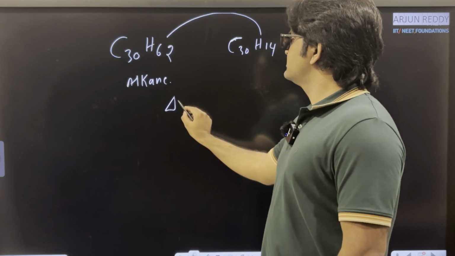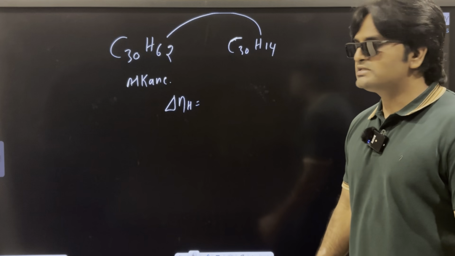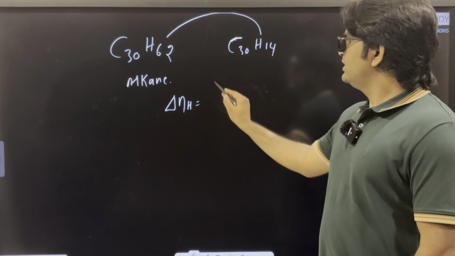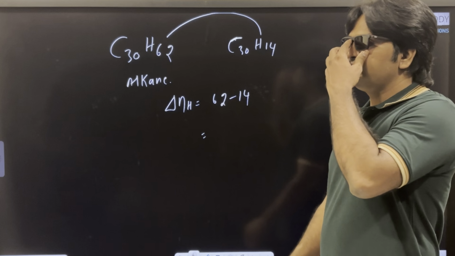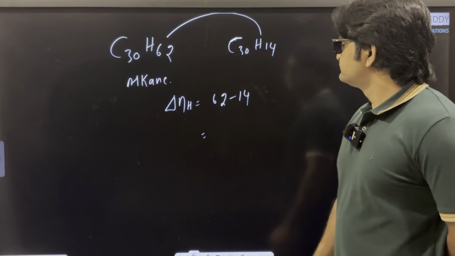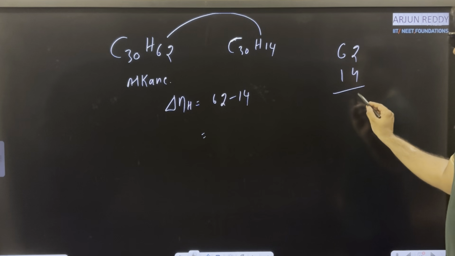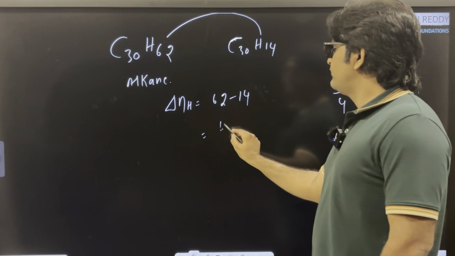I am writing it like this: delta NH. What is the meaning of delta NH? The difference between hydrogen atoms. Here 62 minus 14. How many hydrogen atoms? 62, 14. That gives 48.